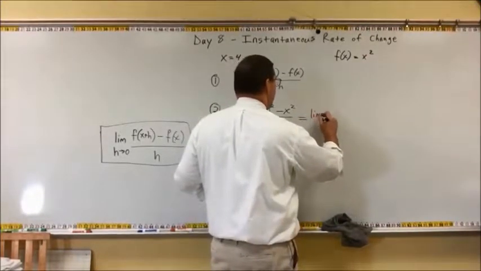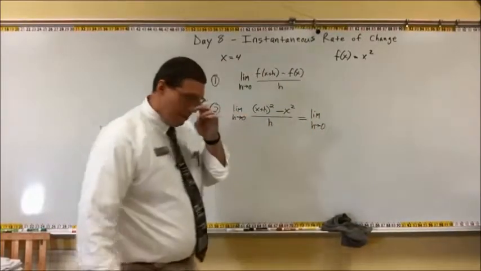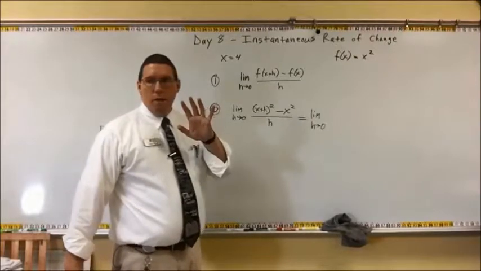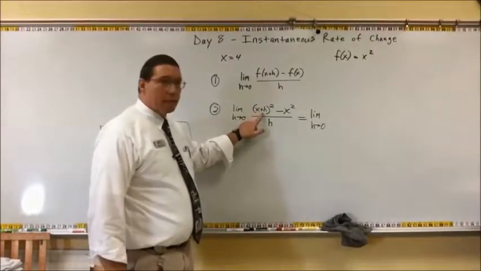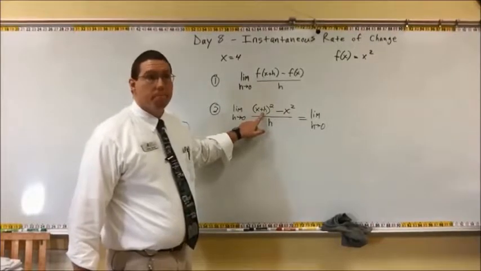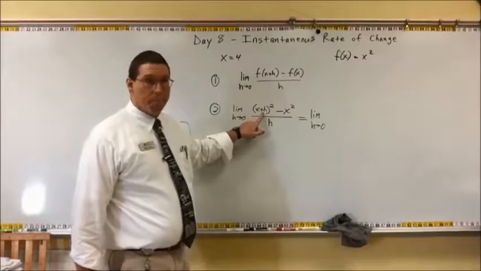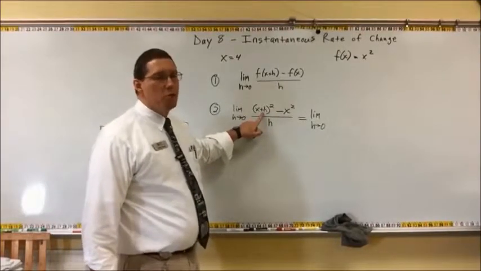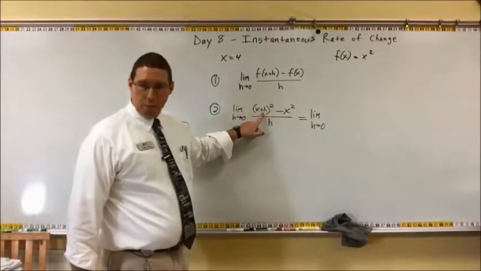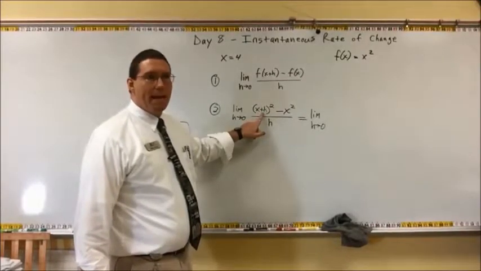This is now equal to the limit as h approaches 0. Does this look familiar to anybody within the past week? Yeah, it does. What does that look like? Oh, expand. Yes. And what do we have to use to expand this? The binomial theorem. That's correct. And what does this expand into?